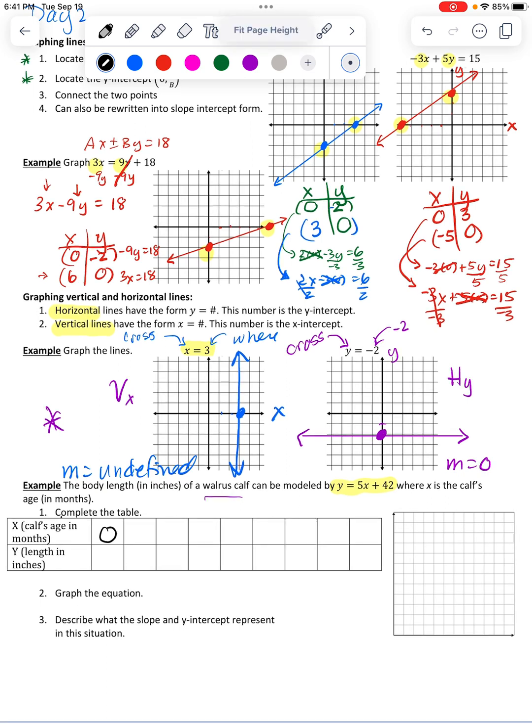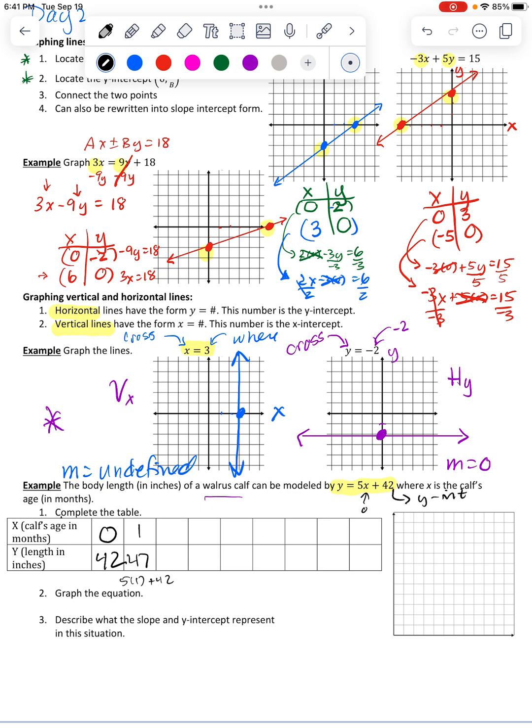If you plugged a 0 in here for the age, 5 times nothing is nothing plus 42. Well, that makes sense to me because this is supposed to be the y-intercept. So that's supposed to be your initial value at 0. Now, what if I plugged in a 1? 5 times 1 plus 42 is going to put me at 47 after 1 month.